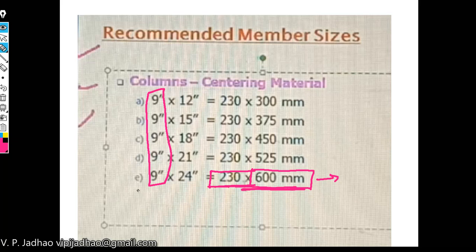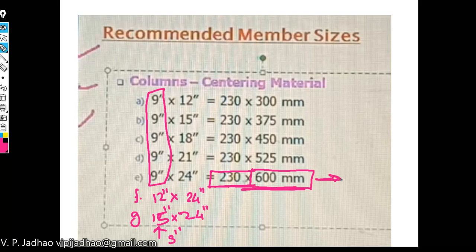So now the size will be 12 inch by 24 inch, then 15 inch by 24 inch. Like this we will be increasing this dimension by each 3 inch. So these are some recommended sizes.